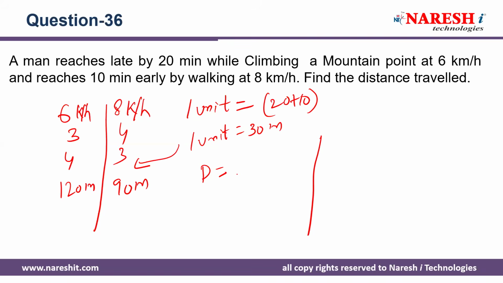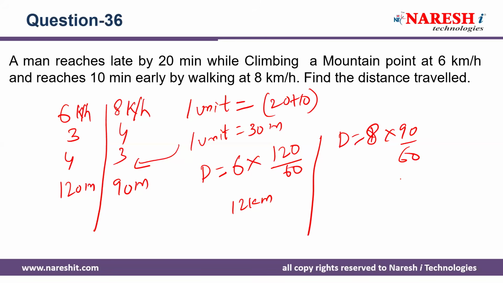Left side value, what is the speed? 6. Speed into time. Time how much? 120. 120 is in minutes, 6 is in kilometer per hour. Convert into hours. 12 kilometer. If you use the right hand side value, 8 into 90 by 60, 8 into 3 by 2, same answer.